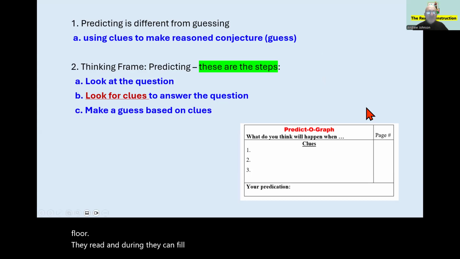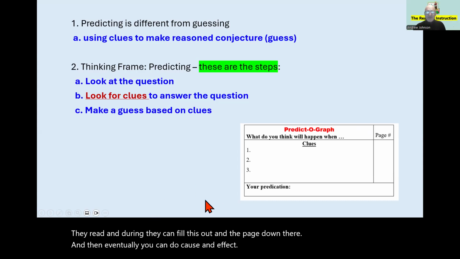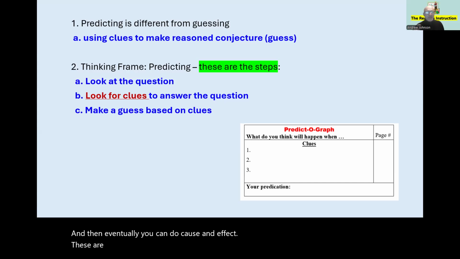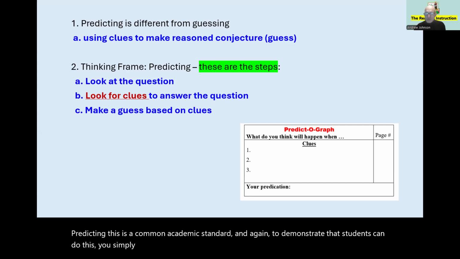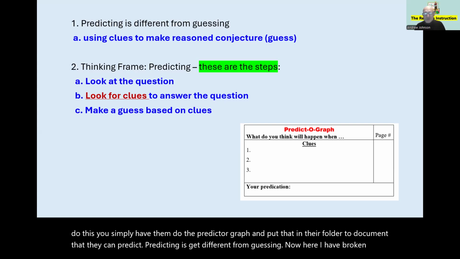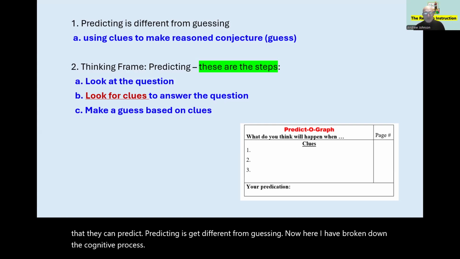Now here I have broken down the cognitive process predicting into steps. Step 1, look at the question. Step 2, look for clues to answer the question. And step 3, make a guess based on clues. I demonstrate that, we do it together, and then we do this in large group, and eventually they can do it by themselves.